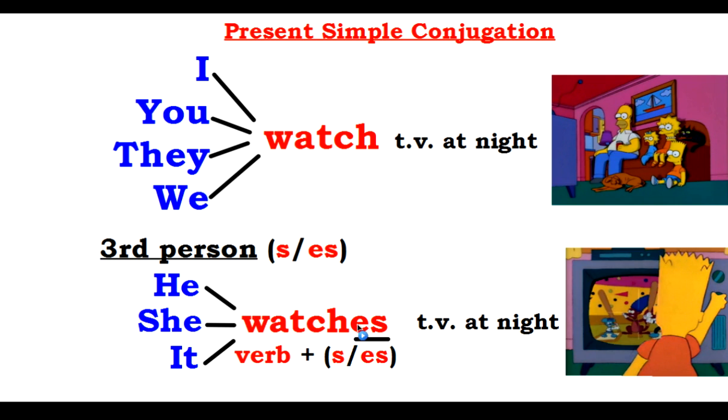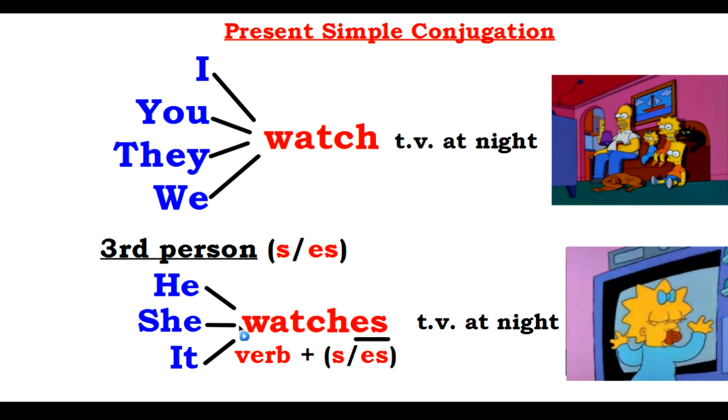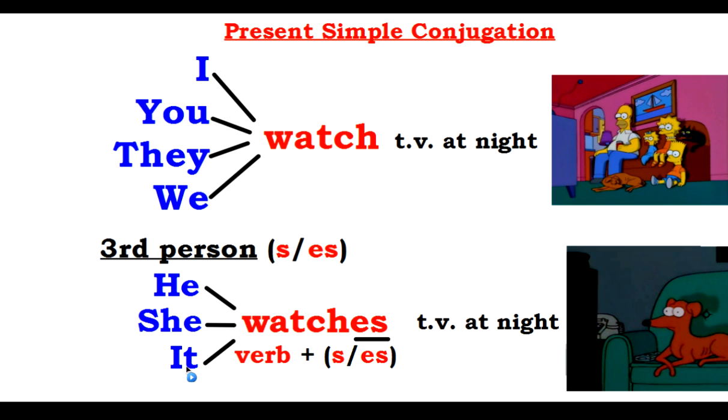Again, the third person, he, uses conjugation with es, watches, or she watches TV at night, or it watches TV at night.